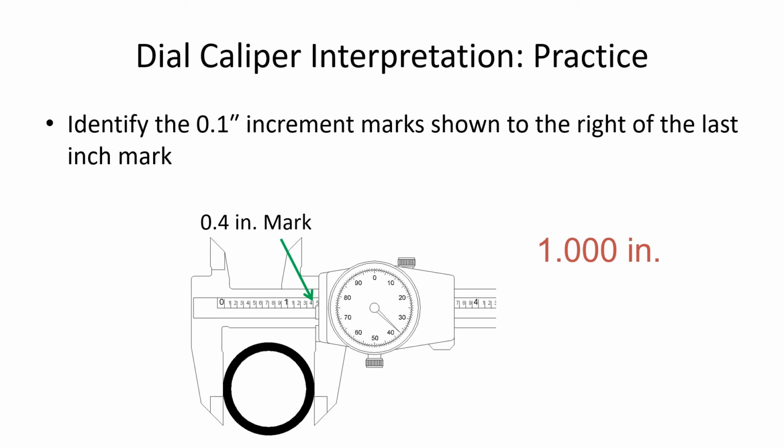Identify the 0.1 inch increments marks shown to the right of the last inch mark. So we have 1, and then we have 1, 2, 3, 4. I see 4. I see the number 5, but are we at the line? Is the reference edge at that line for 5?